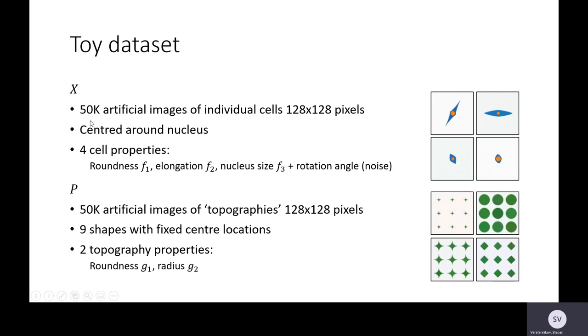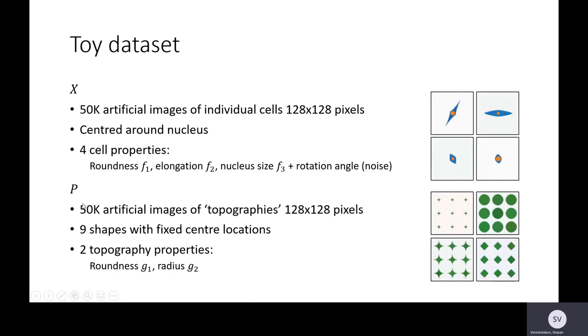So considering X, here the artificial cells are centered around the nucleus and they have 4 properties: roundness, elongation, nucleus size, and rotation angle. But rotation angle here is a feature that we are not interested in. We assume it to be the noisy feature.